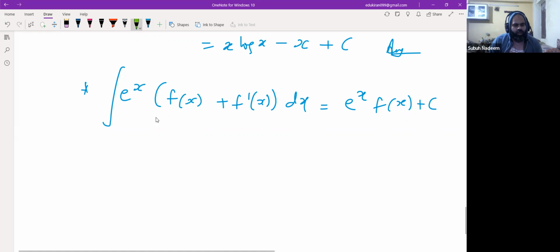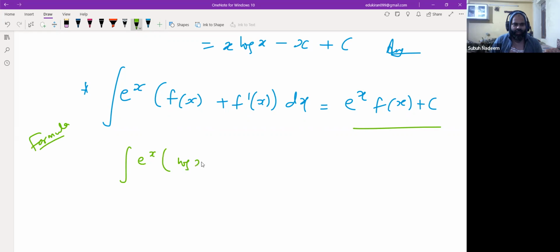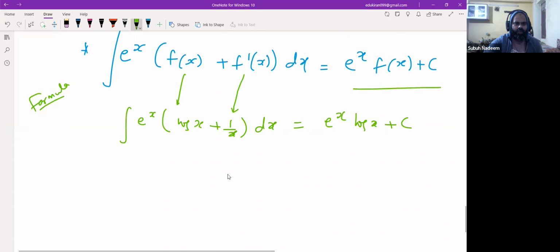How do you get this? This is a type of formula which we directly apply. Suppose it is e to the power x into log of x plus 1 by x dx. So log of x is fx and f dash x, its derivative, is 1 by x. So this answer will be e to the power x log x plus c. We can directly say that. But why is it so in general?